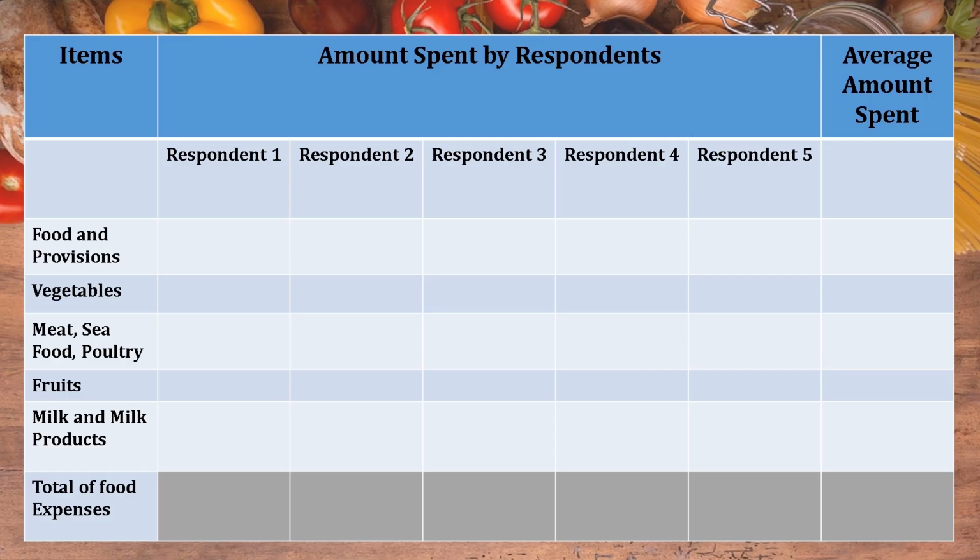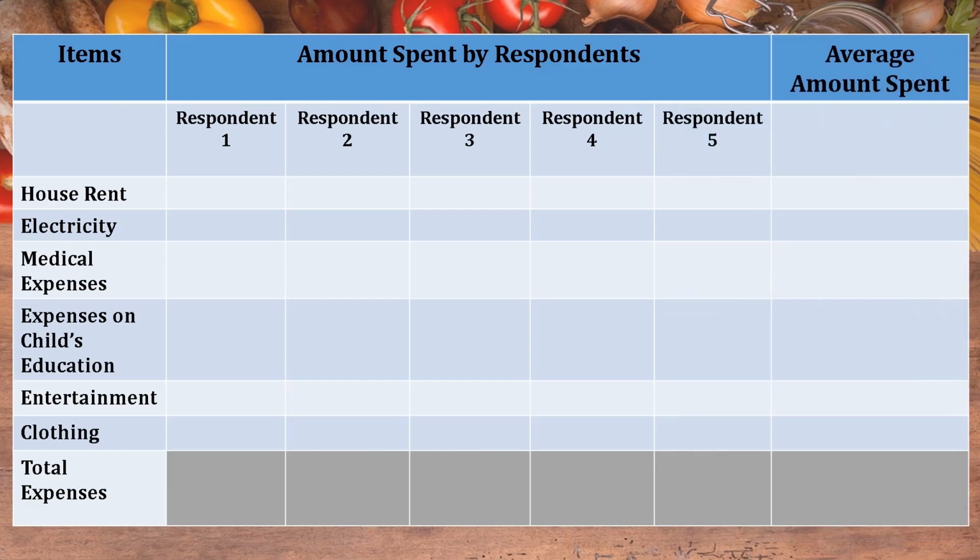Now you have to collect data from 5 respondents belonging to that one income group. Ask them about their expenditure on these items which are listed here. Do the total as shown in the last row for all the food related expenses. Now as shown in this slide, ask them about their other expenses which are listed here.